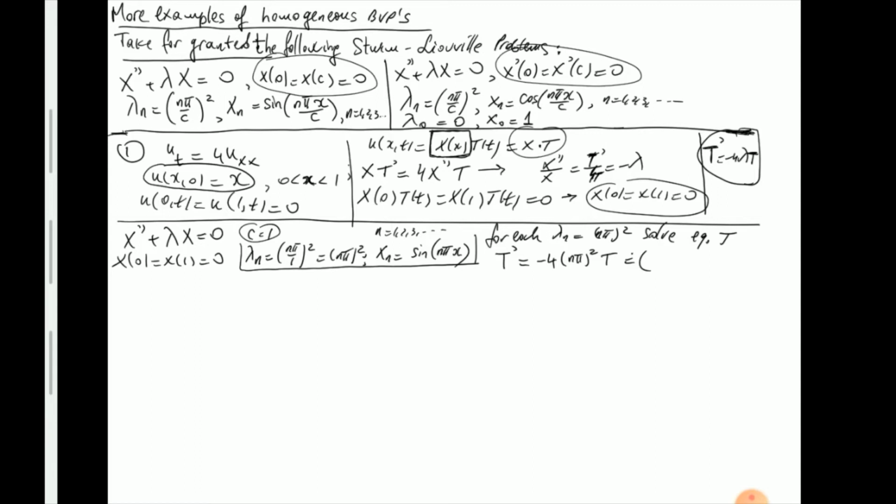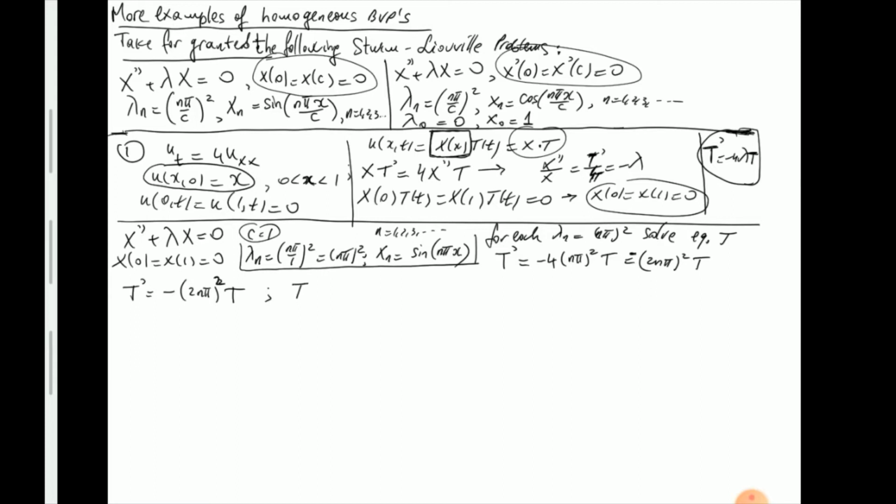Just for aesthetic purposes, you might prefer to write it like that with everything in a power of 2. So big T prime equals minus 2n pi squared big T. That's a first order ODE, and its solution is a constant times e to the minus 2n pi squared times little t.